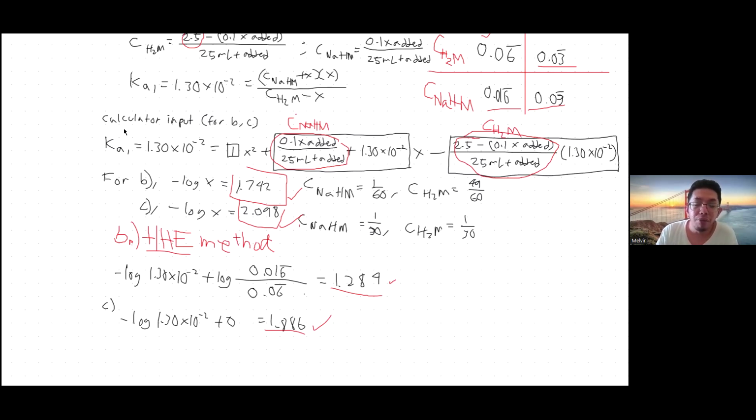Propositions? Why can't we use the Henderson-Hasselbalch equation in problems like this?